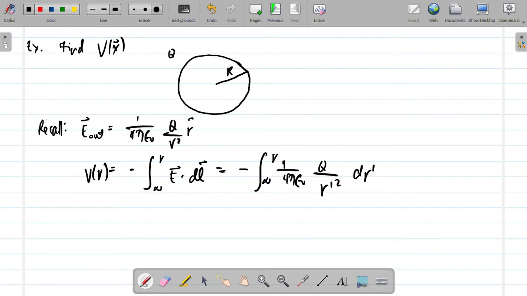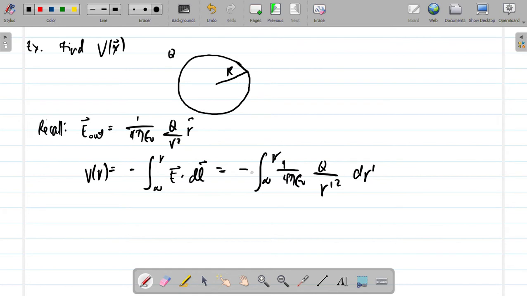Class, bakit ginawa kong R prime? Kasi R yung bounds natin, tapos yung variable R. Ang pangit tignan. So, gawin na lang natin R prime. Dummy lang naman tong nasa loob ng integral, para yung result niya, R na lang.